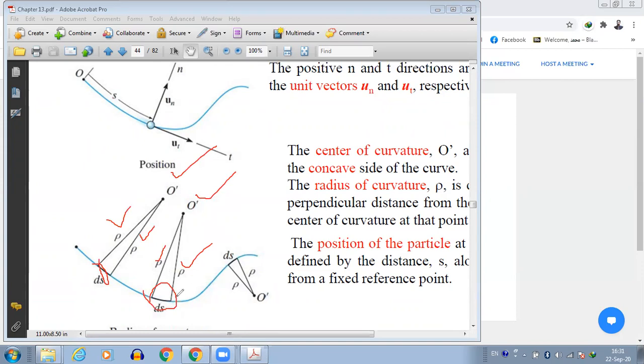So when the particle was in this part of the curve, the center of curvature and radius of curvature were in this direction. However, when it moves towards this part of the curve, then the center of curvature and the radius of curvature move in the other direction. Why? Because the center of curvature and radius of curvature are always in the concave direction.